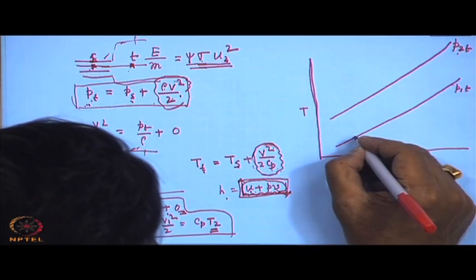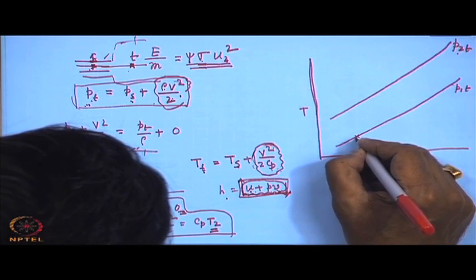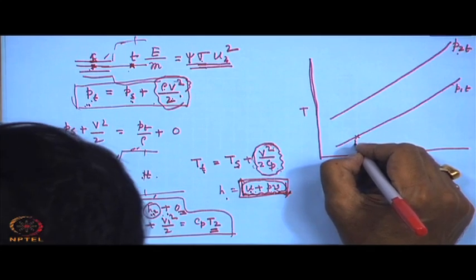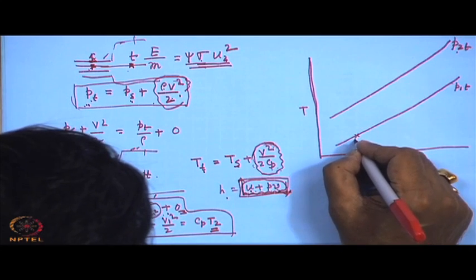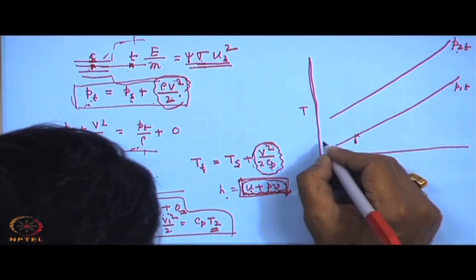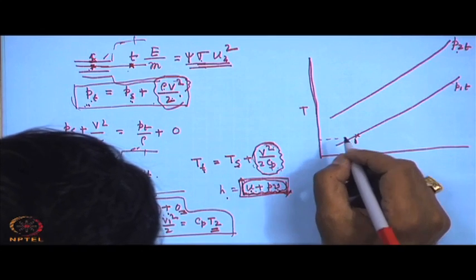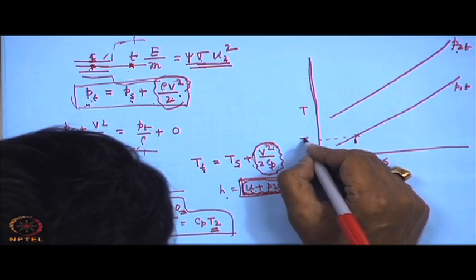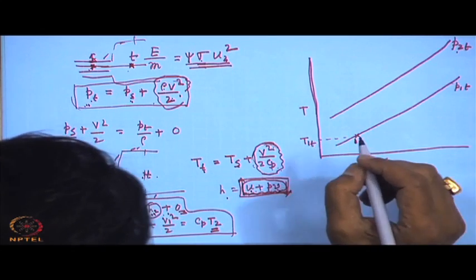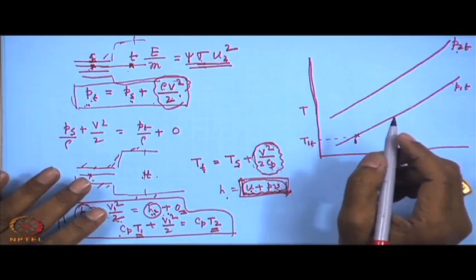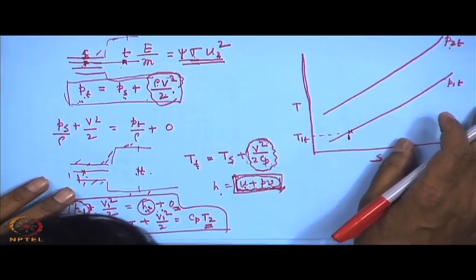Now come to the point. If we consider point 1, that is the inlet to the impeller, where we have the total temperature T1T, and then a total temperature T2T.